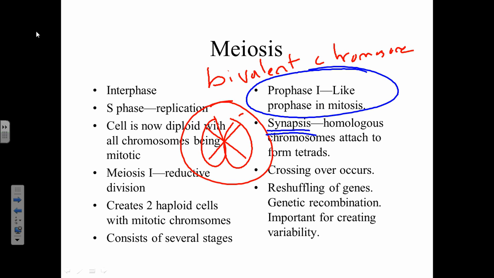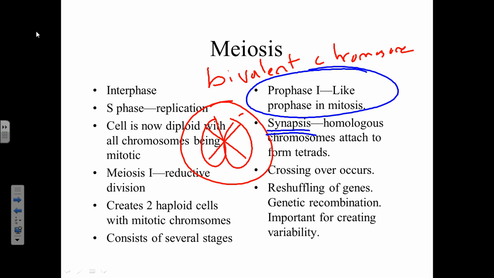Like if chromosome number 1 you got from your dad, if the first gene on that chromosome dealt with hemoglobin, what's the first gene on the same chromosome you got from your mom deal with? Hemoglobin. But it may tell you two different versions of hemoglobin to make, right? Or something about the hemoglobin gene may be different. There are different forms of genes on those chromosomes. But that's what homologous means. Same kind of chromosome, same genes, same order, but they may have different versions of those genes.